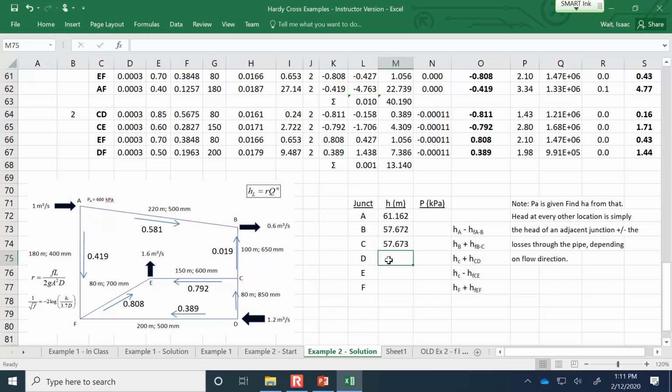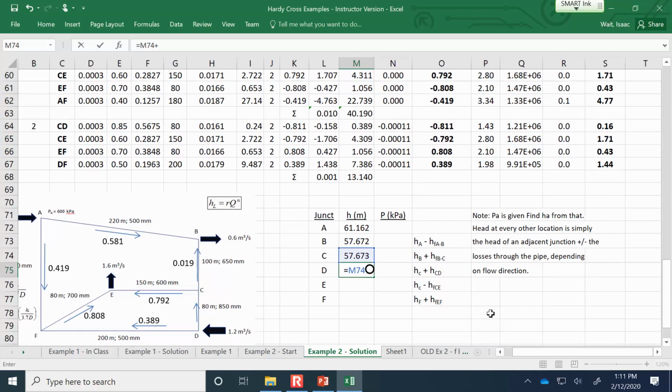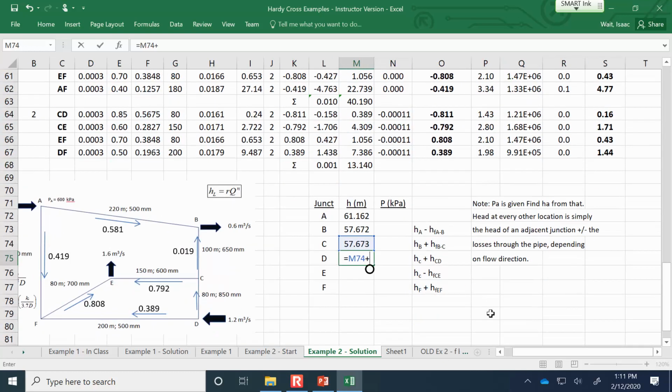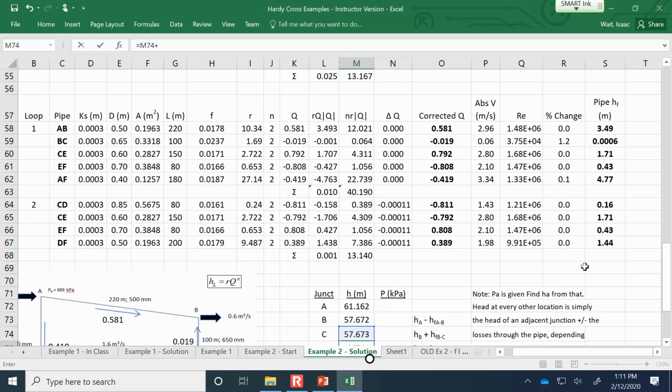But now, like in the case of location D, the head at D is however much head there was at C plus the loss through the pipe, because I'm going against the flow direction. So that must mean that there's more head at junction D. So now I want to add in the losses through pipe CD.